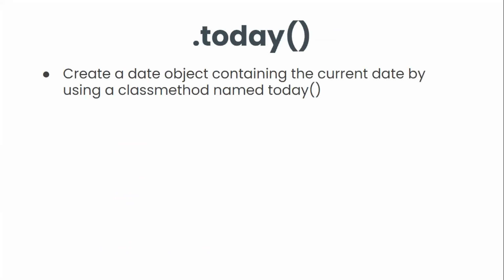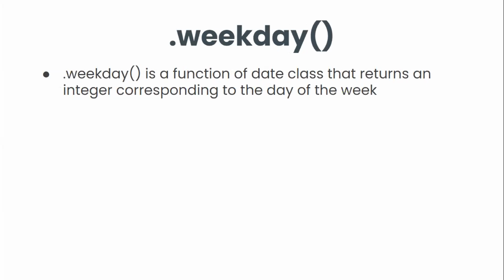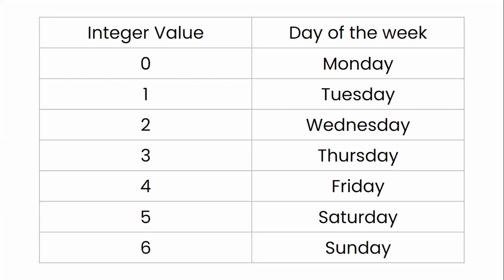Okay, so .today, as mentioned before, can be used to get the current date and time. Dot weekday is used to return an integer value of the weekday. So 0 is for Monday and 6 is for Sunday.